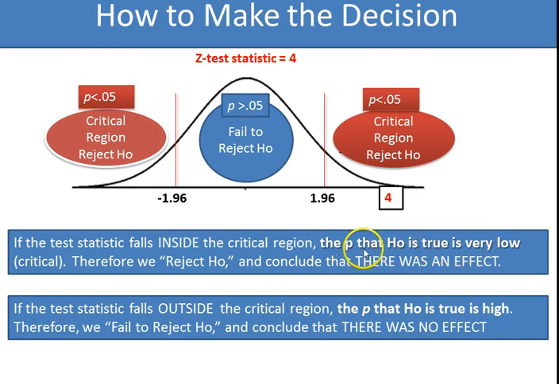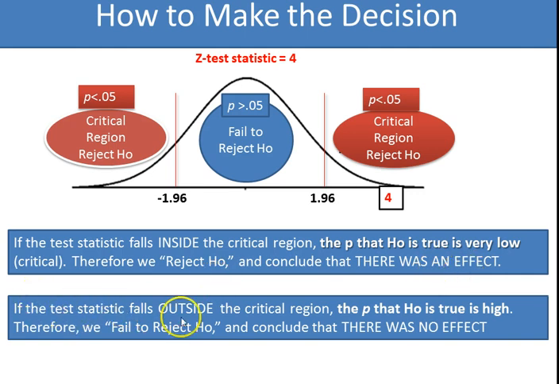In other words, the probability that there is no effect is very low. It's critically low. As a matter of fact, the probability that H0 is true is so low that we reject H0 and conclude that there was an effect.